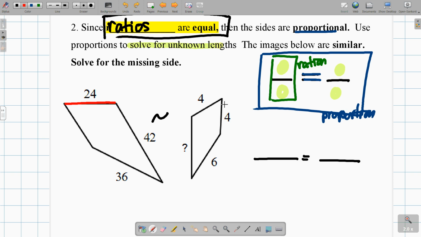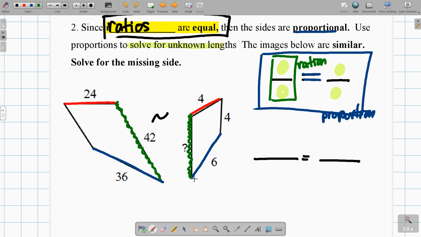So my short side goes with my short side here. My 36 is a medium side. That's my matching medium side. Colors really come in handy. This 42 is the longest edge. That's going to match with my longest edge.